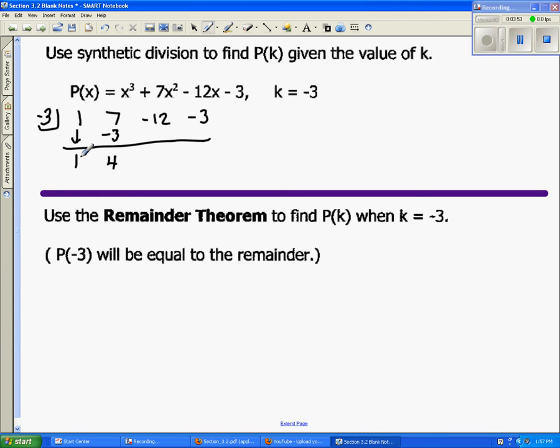Add down. Multiply. Add down. Multiply. Negative 3 times negative 24. It's going to be negative 72. Positive 72. Which gives me 69. Remainder 69. Then that simply means p of negative 3 is equal to 69.